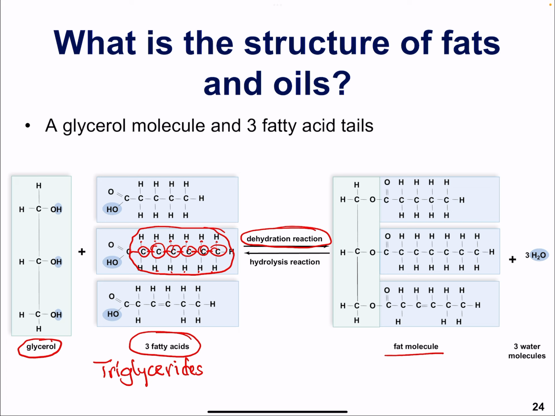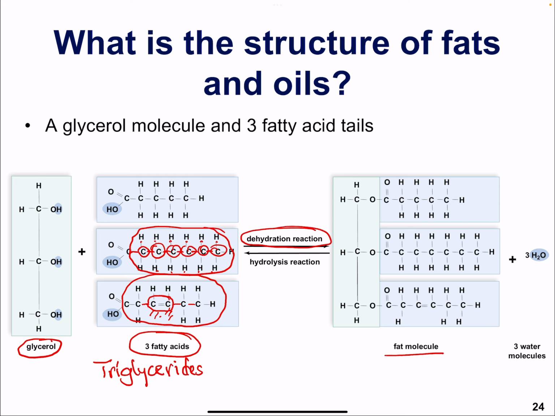Therefore, these carbons are saturated with hydrogen. But if you consider this fatty acid right here, while it has single covalent bonds between carbons, there is one particular area where we do see a double bond. That double bond between these two carbons is going to cause some hydrogen to go away.